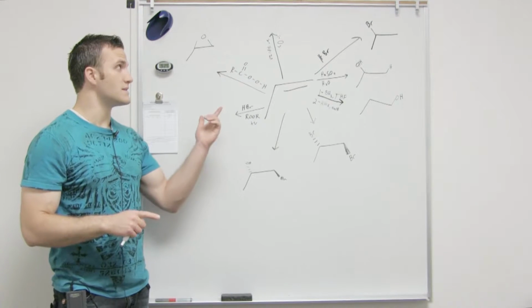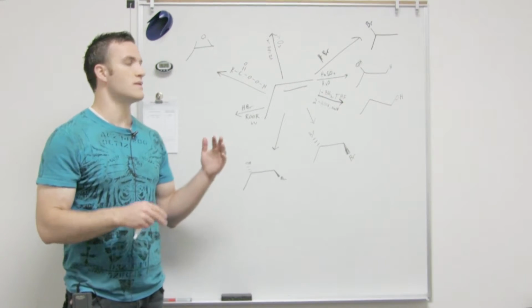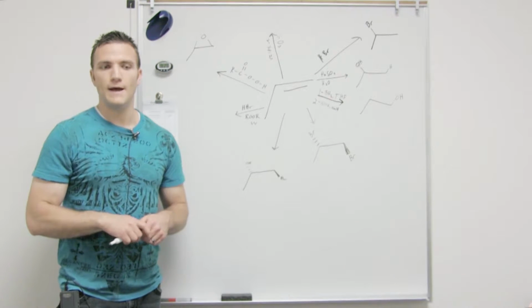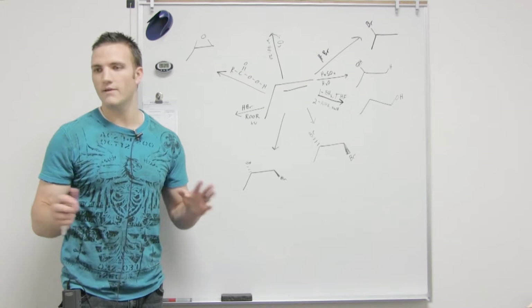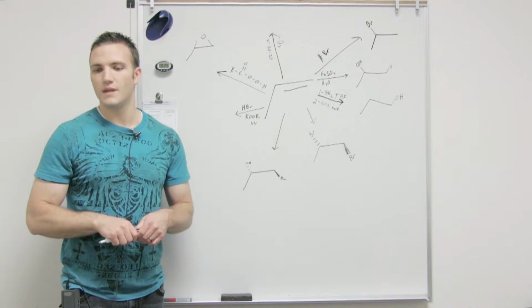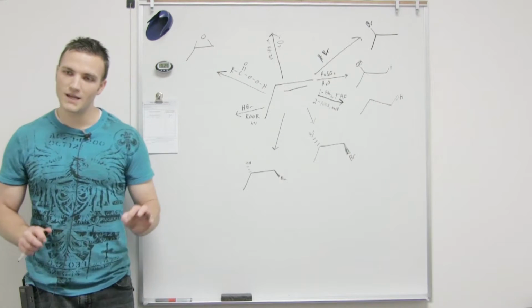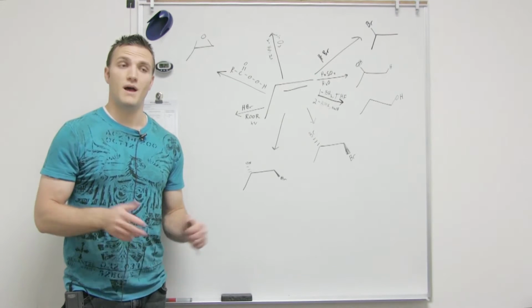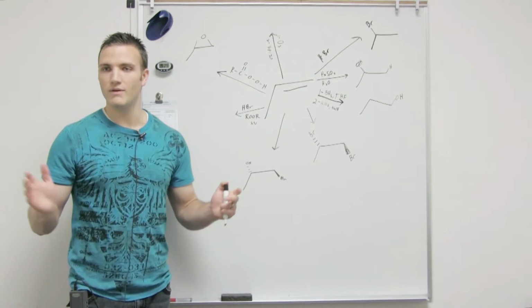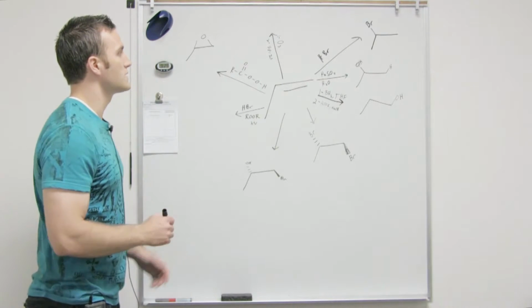I'm assuming it's a catalyst because it's not involved in the product. But in 352 it seems like we use quite a few metal catalysts. I remember learning when we learned this mechanism that they don't really understand the mechanism perfectly, which is why I think our teachers aren't making us memorize it. But I assume it's just a metal catalyst. It just somehow is helping the reaction along. So I don't know. That's a good question.